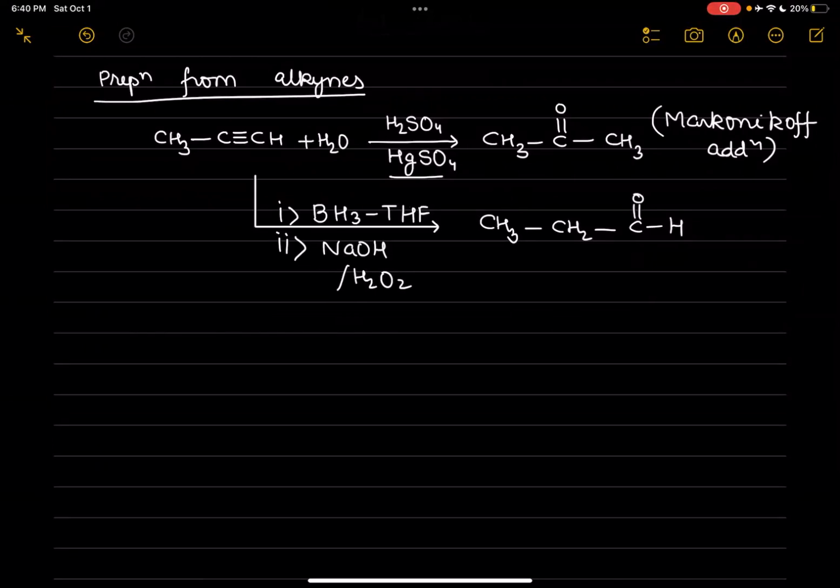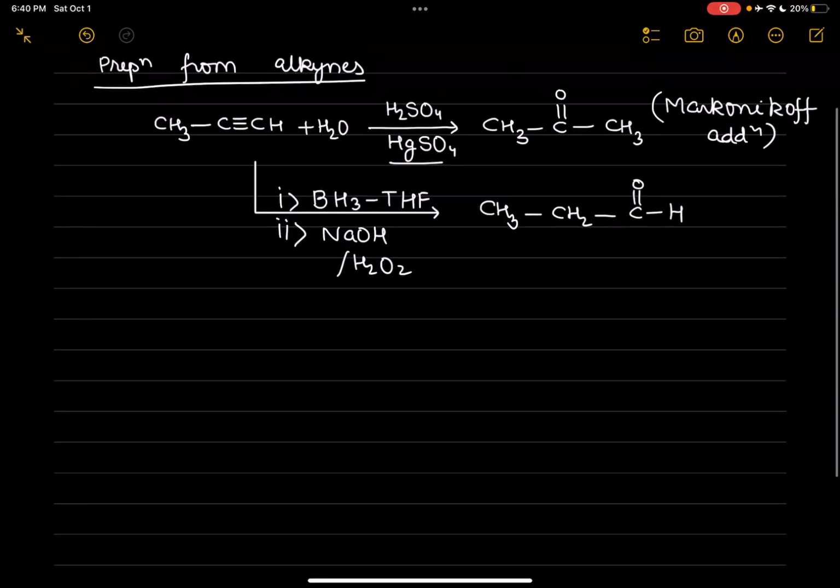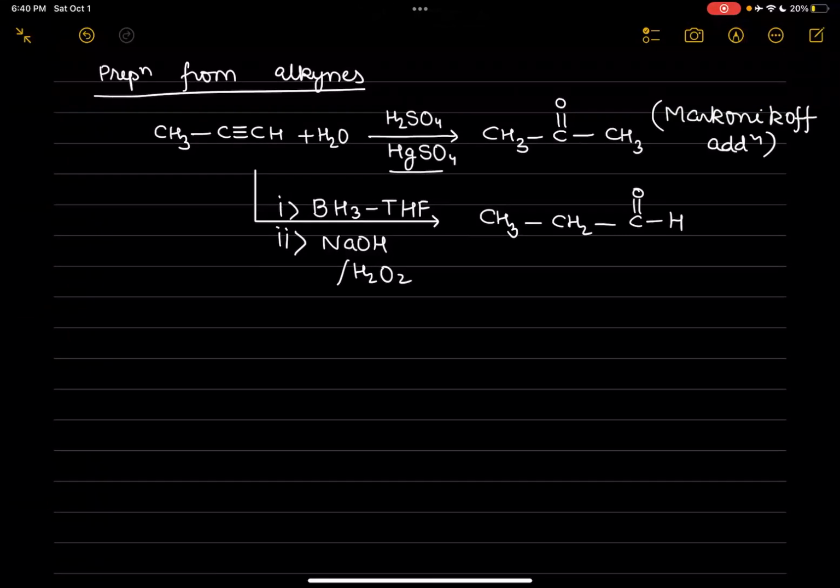Yes, sir. The same thing we applied on alkenes. But there we ended up with alcohol. Yes. And if you do it on the alkynes, you end up with aldehydes and ketones.